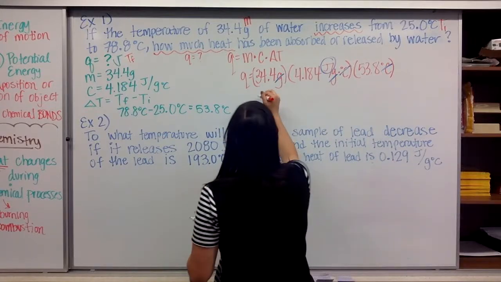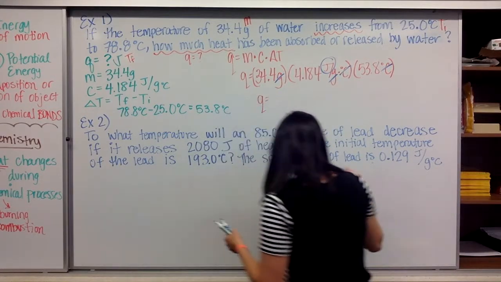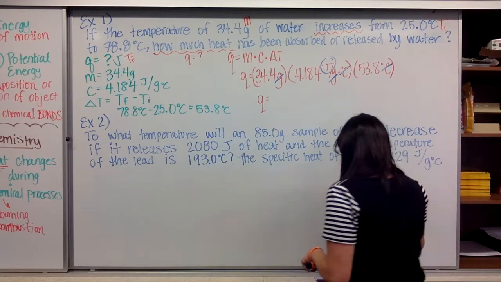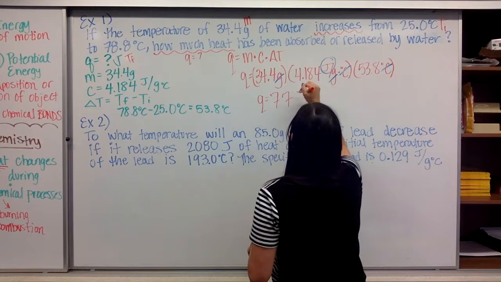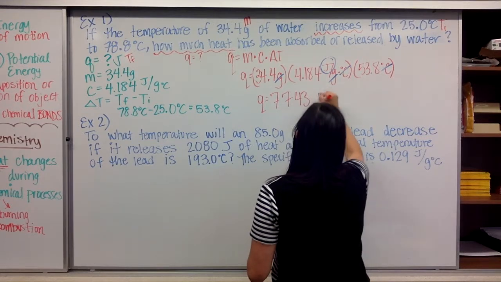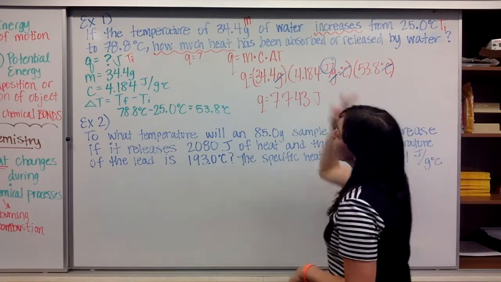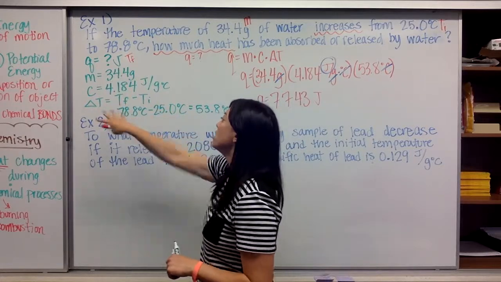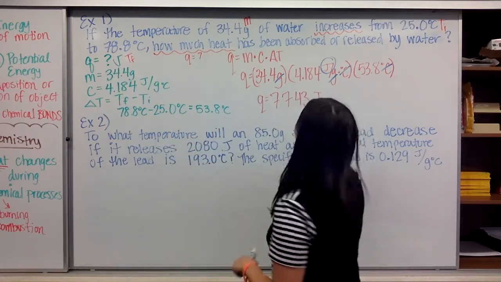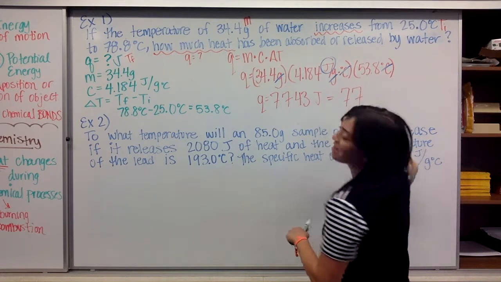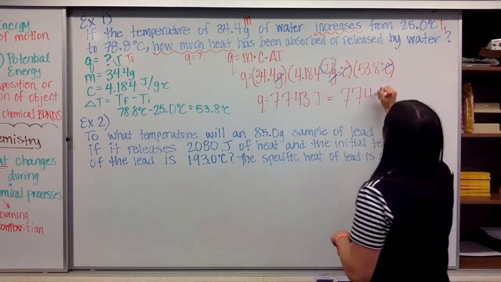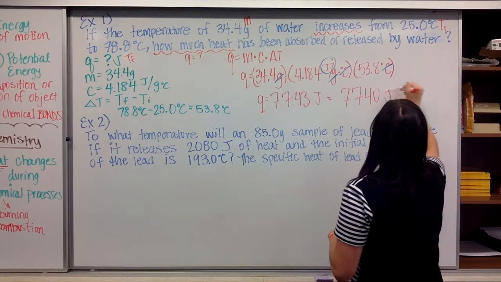So my Q, if I multiply this together, my Q value is equal to 7,743 joules. But I go back and I look at my initial numbers, and I have 3 sig figs, so I need to round. So I get 7,740 joules.